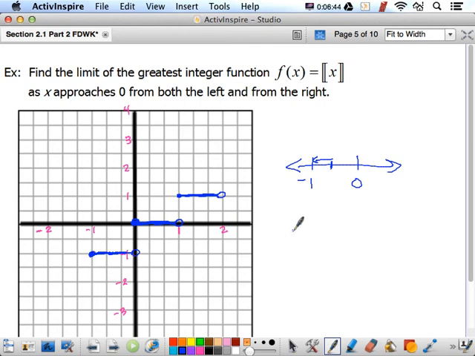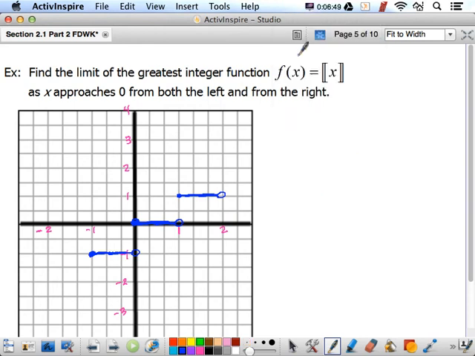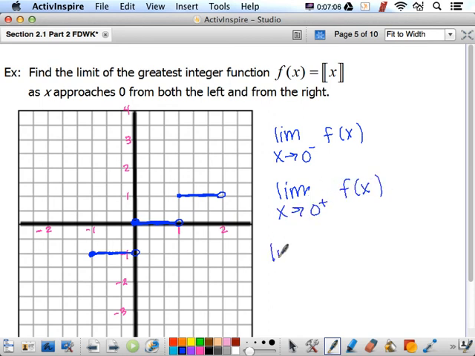Okay, so let's pause for a second. We want to know what's the limit as x approaches 0 from the left, from the right, and we want to know the two-sided limit.